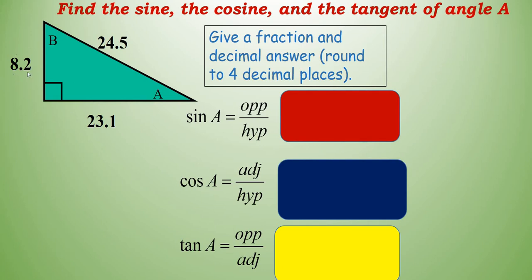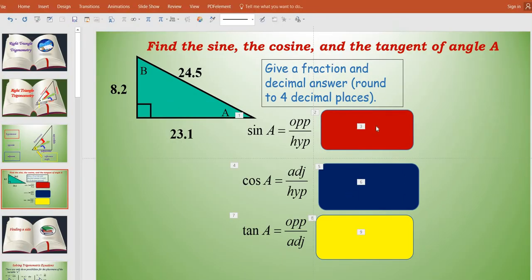Sine equals 8.2 over 24.5. Cosine equals 23.1 over the hypotenuse 24.5. Tan equals opposite over adjacent, which means 8.2 divided by 23.1. Let's show the answer.